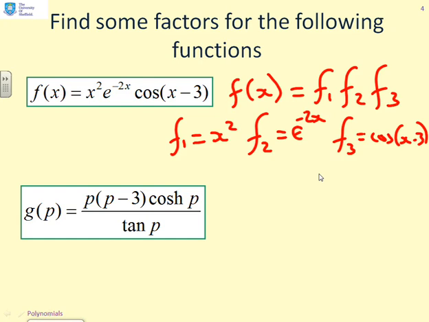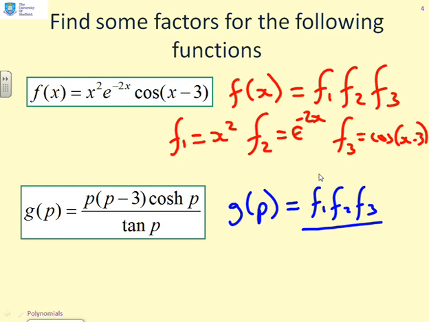Now look at the example lower down. G of p equals p times p minus 3 times cos p divided by tan p. Now in this particular case there are three obvious factors, but I'm going to write this again. G of p equals, what should we call it? We can call it f1 again, f2, f3 over tan p.